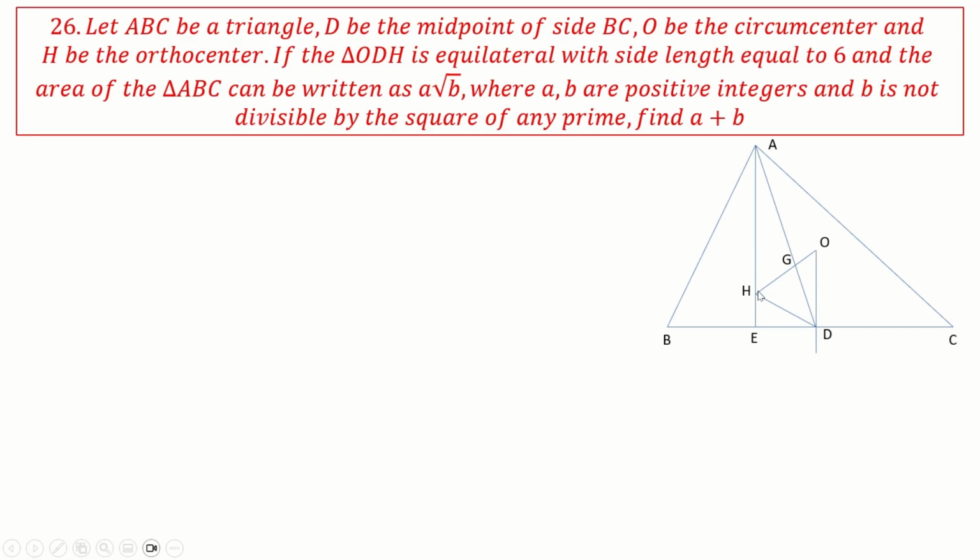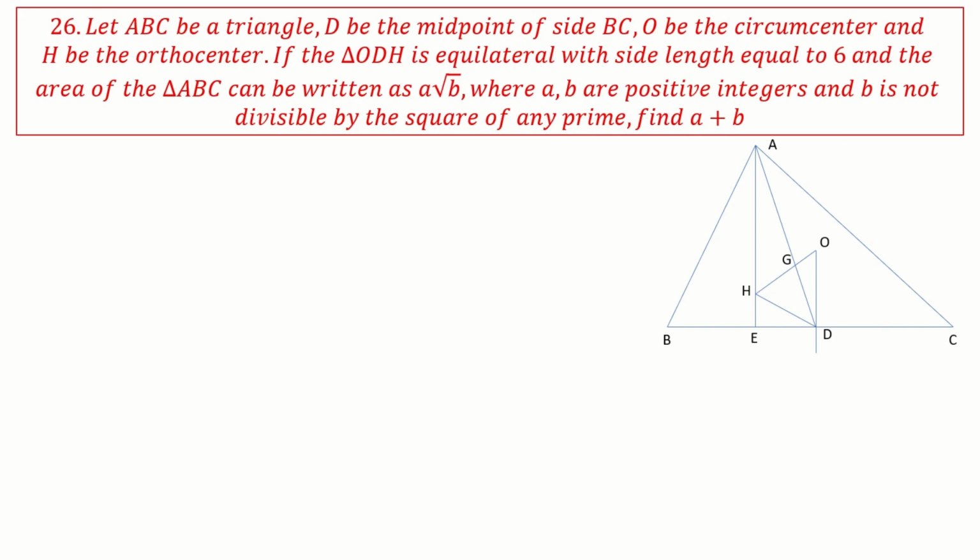And H is the orthocenter, which means if you draw a line from A through H, it will cut BC at E. This is the height of the triangle, the perpendicular line from A to BC. So AE is also perpendicular to BC, and OD is also perpendicular to BC. This is one thing you should understand very well.